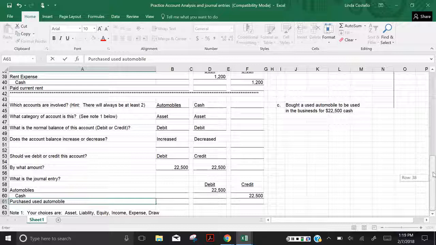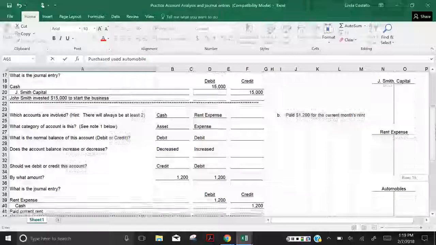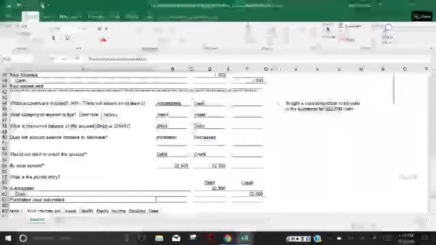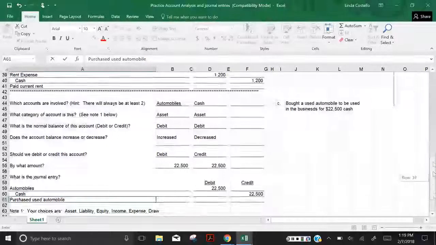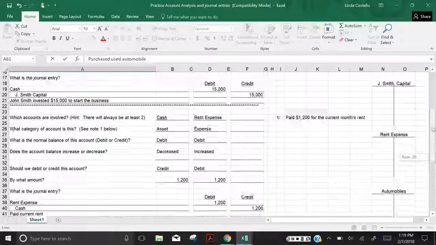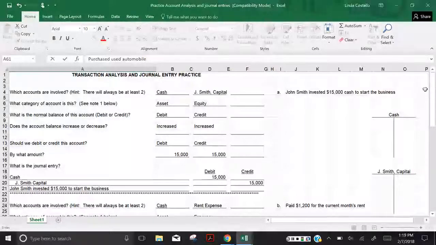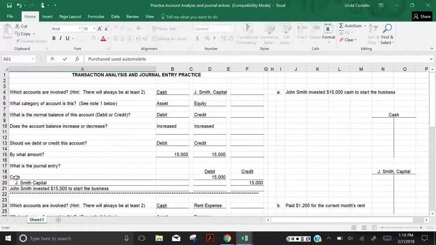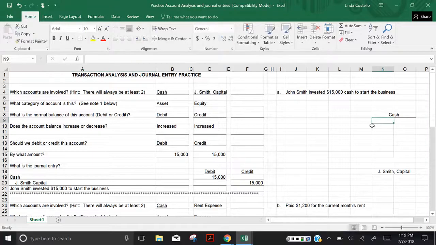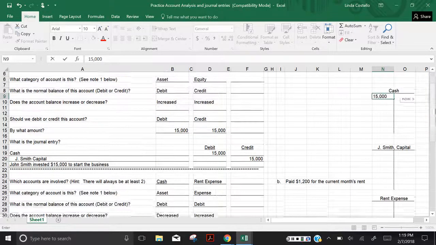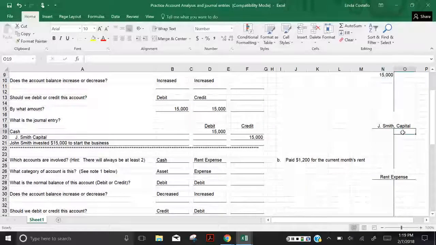All the journal entries are written in the general journal, and the next thing you do from the general journal is to post each debit and each credit to its proper account. So if we look at cash, we debited cash in this transaction for $15,000. In the general ledger, we would debit cash for $15,000. And we credited J. Smith Capital for $15,000.